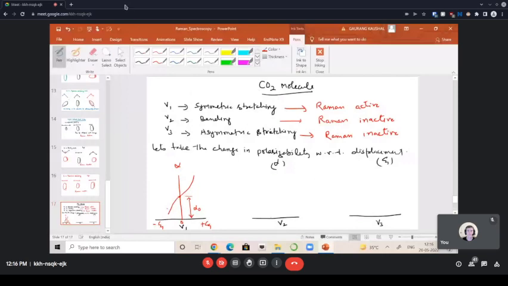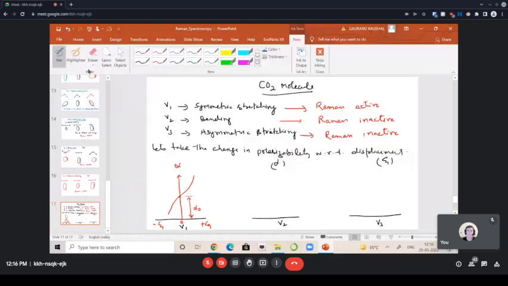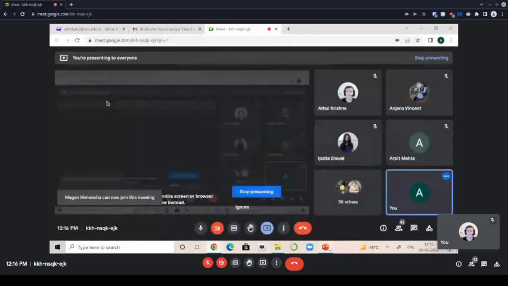So this curve represents the polarizability versus the displacement coordinate. Displacement coordinate means a small change in the bond length of that molecule. In the second case, we have the bending mode. Let us assume this is the y-axis.